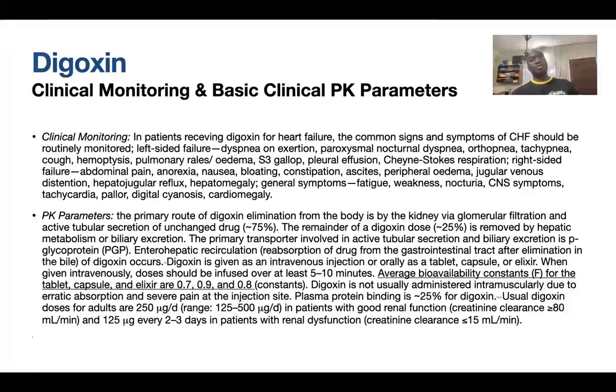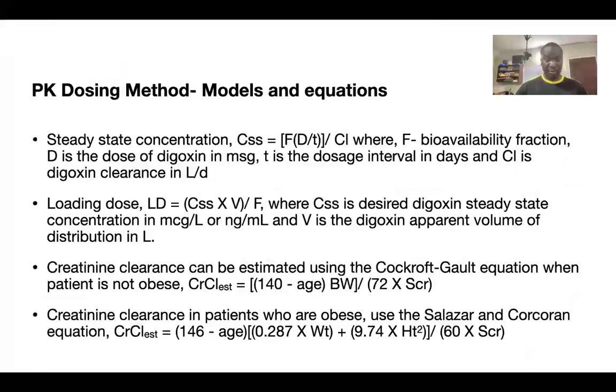The most commonly used here in Nigeria include intravenous injection or tablets. The average bioavailability constants for the tablet, capsule, and elixir are 0.7, 0.9, and 0.8 respectively. Digoxin is not usually administered IM due to erratic absorption and severe pain at absorption sites.